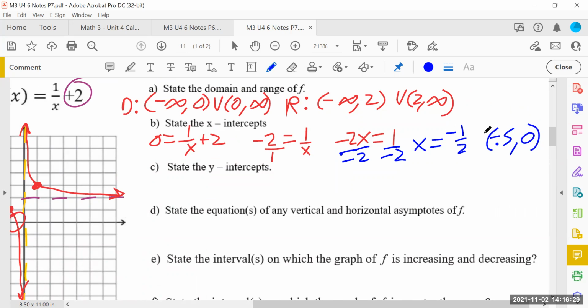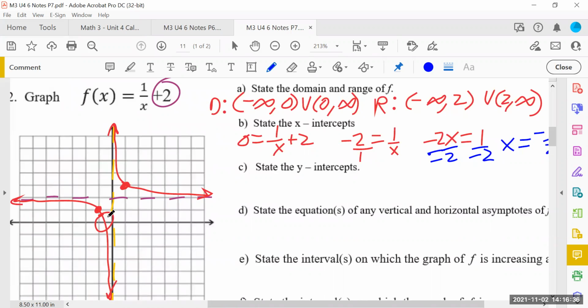Negative 0.5, comma 0, which looks right. If I look at my graph, it looks like it's crossing right about negative 0.5. So if you want the x-intercept, plug in 0 for y. Does that make sense?